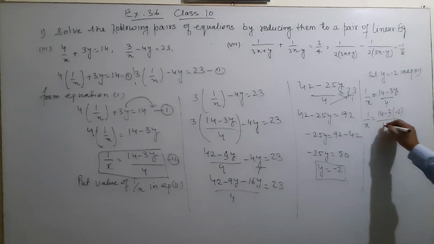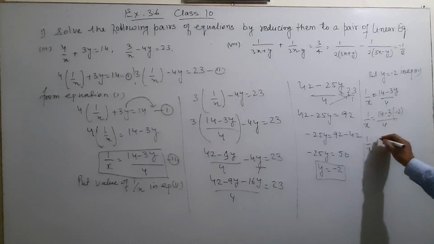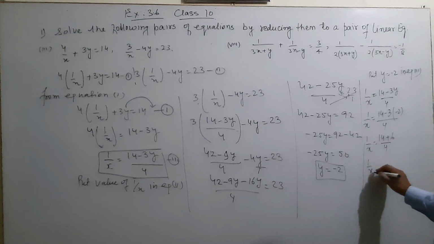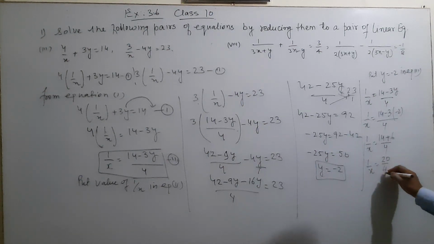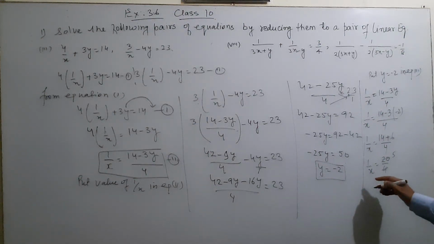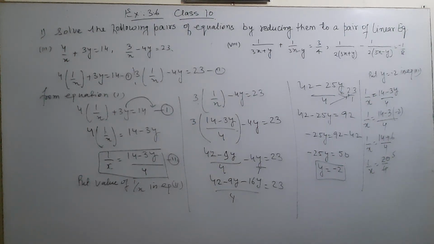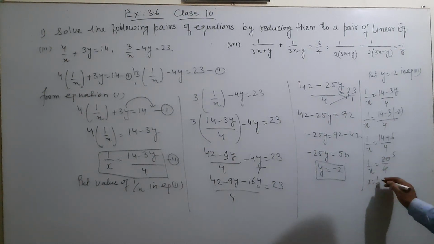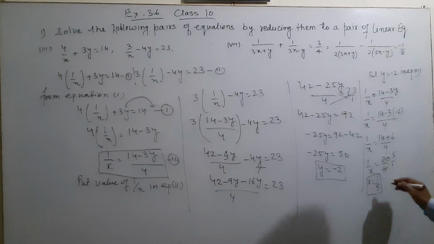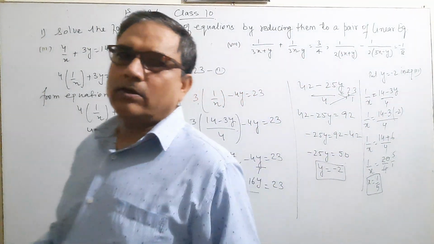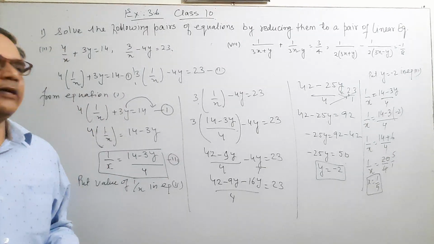Minus 2, upon 4. 1 by x is 14 plus 6 upon 4. 1 by x is equal to 20 upon 4. This is 5. And then 1 by x is equal to 5. So x is equal to the reciprocal, 1 by 5, or cross multiply. This is your answer. Or you can solve by this method, and the first method I already explained.